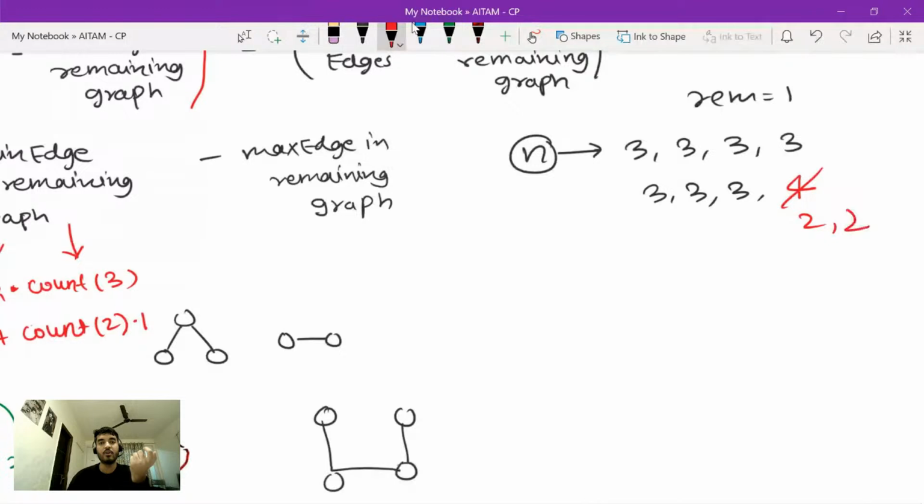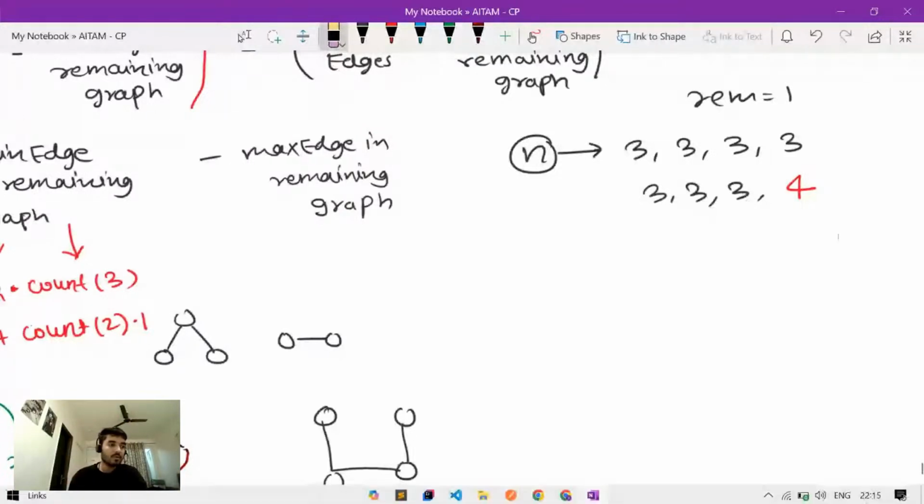Select 4. When you select 4, you will get the maximum result.